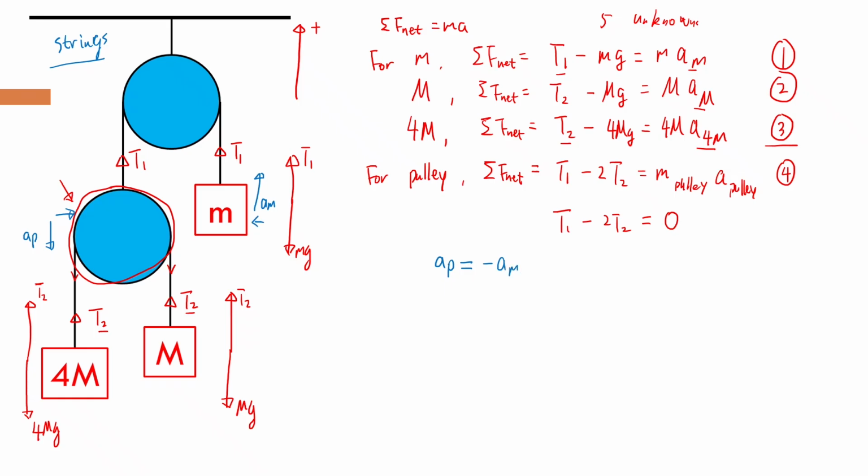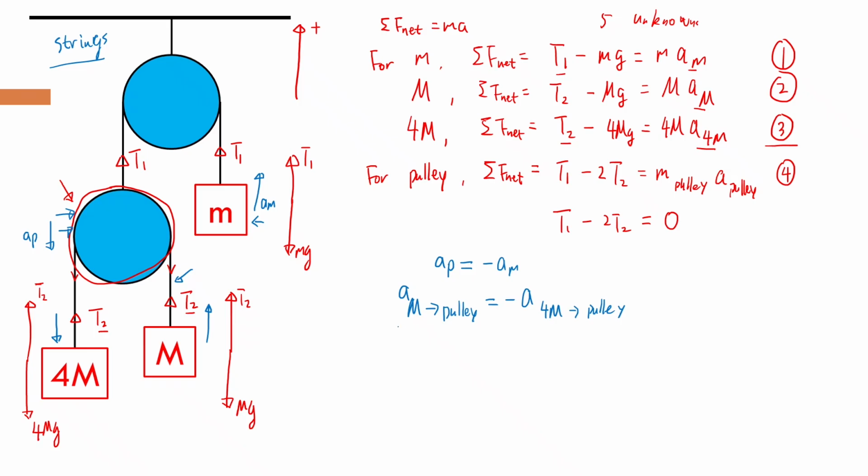Now let's look at this second string here. If we use this movable pulley as my reference, the acceleration of M going up should equal the acceleration of 4M going down. That means the relative acceleration of M relative to the pulley equals the relative acceleration of 4M relative to the pulley, but they have opposite direction.